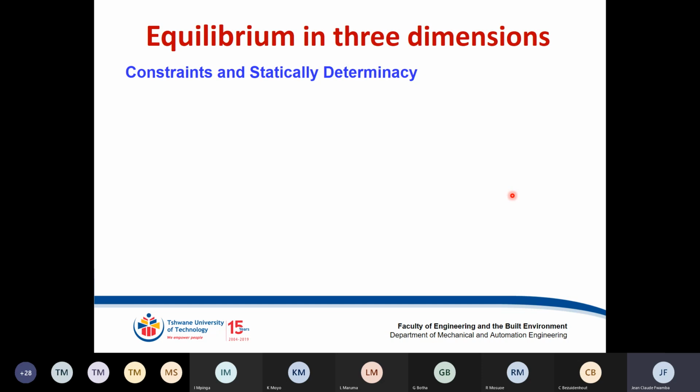So now when you put your constraint, when you put your restriction, don't overdo it or underdo it. You need to do it in the right way.